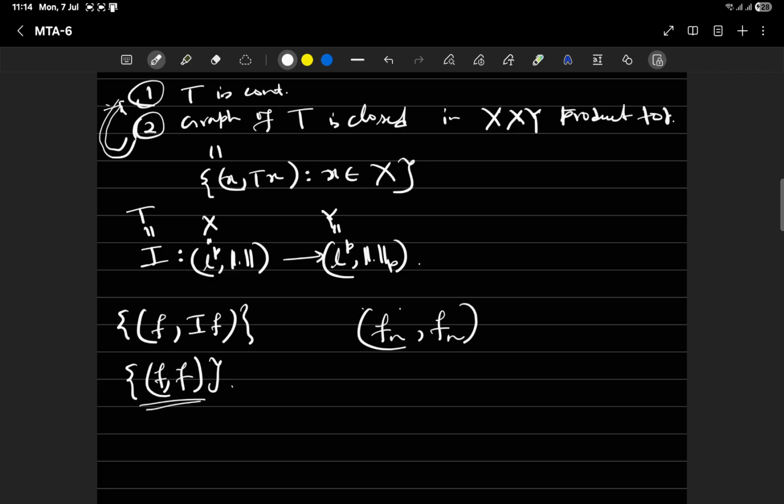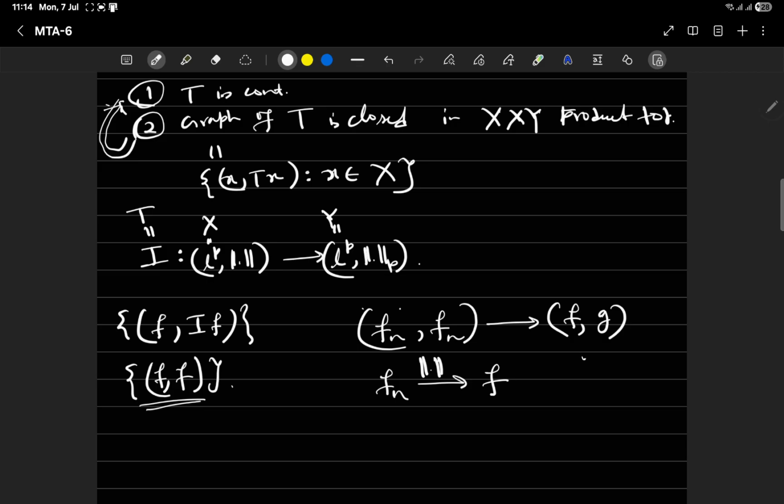Now what can we say? We have to take a convergent sequence, right? So we say that fn converges to some point, let's say f comma g.